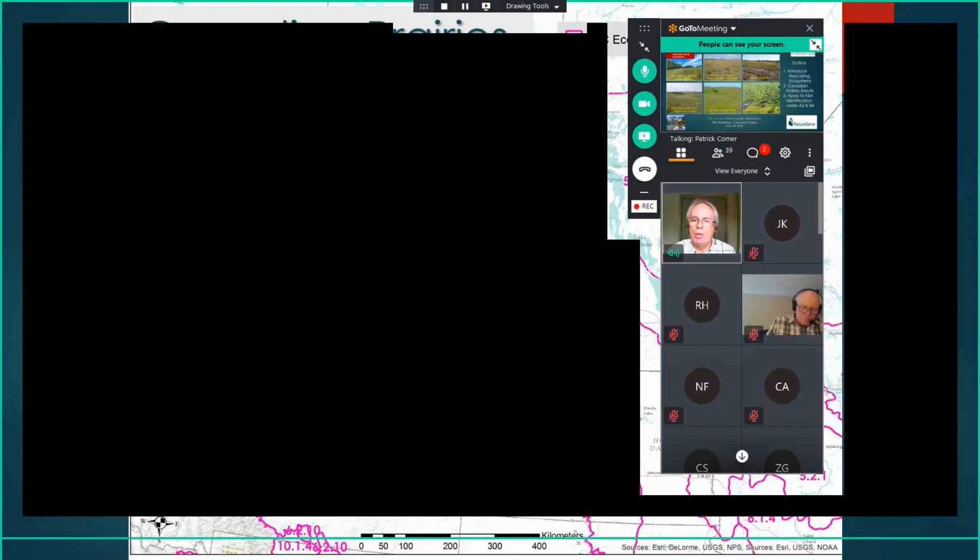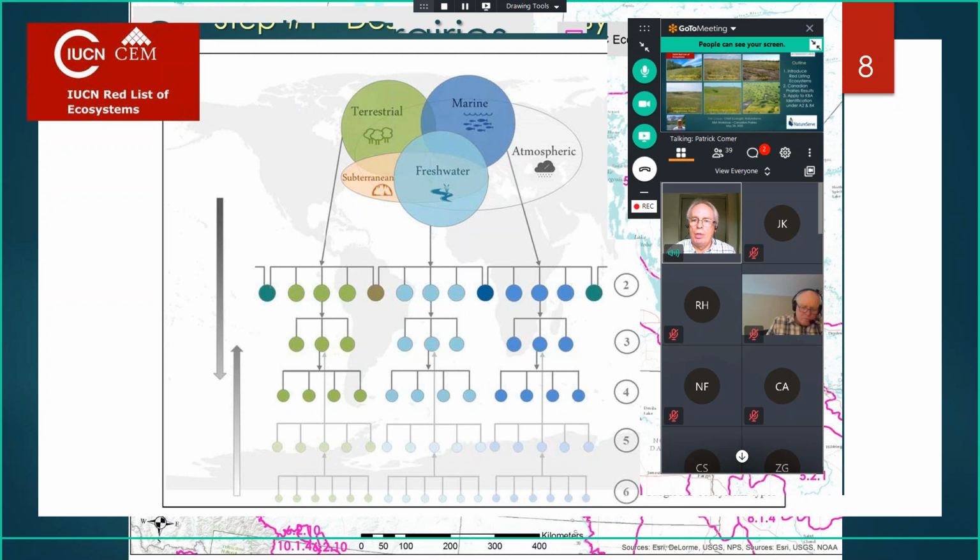So when you want to assess ecosystems, of course, step number one is to describe the ecosystem that you want to assess. This is no easy task, especially when we think of this from a global perspective. There's a lot of variation around the world in terms of ecosystem classification and how we define ecosystems.